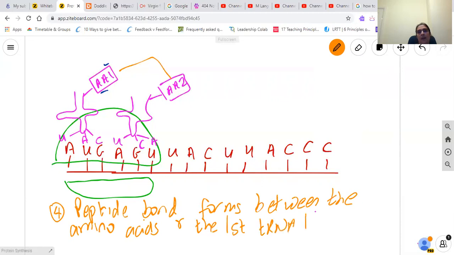It will leave to pick up another amino acid. So my first transfer RNA, which is this pink one over here, will now go off. Okay. And that will now go off to pick up another amino acid.